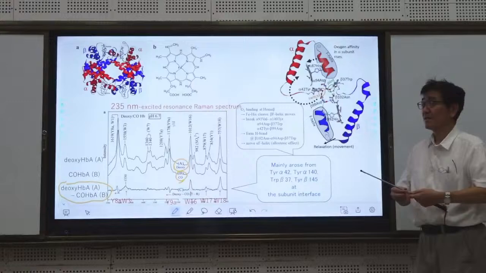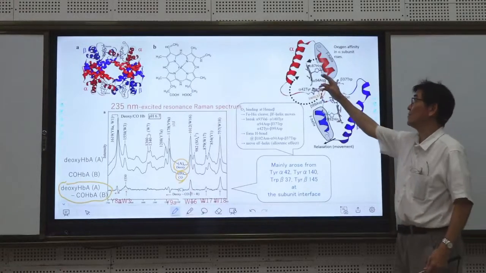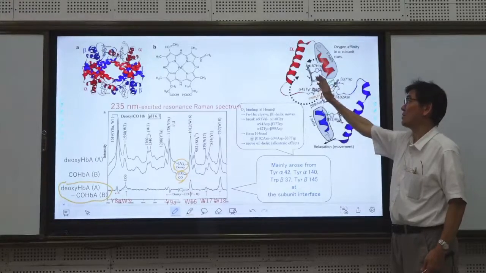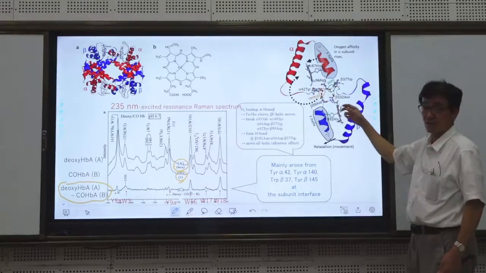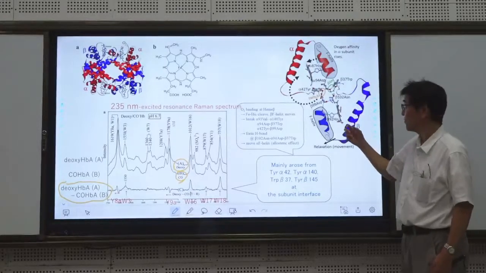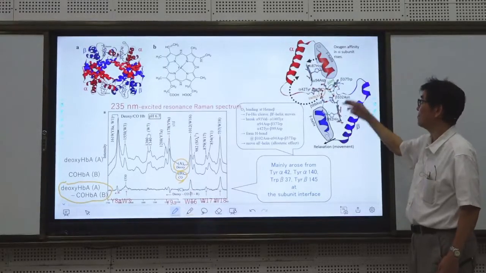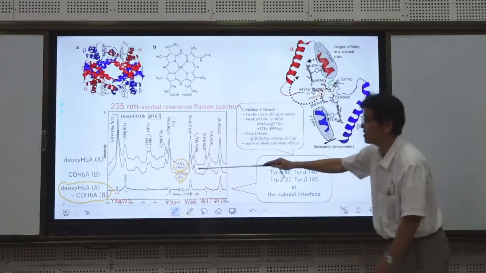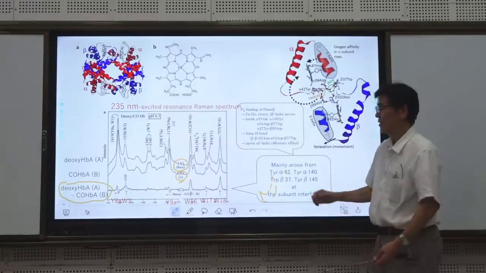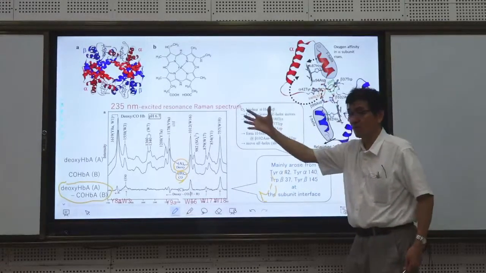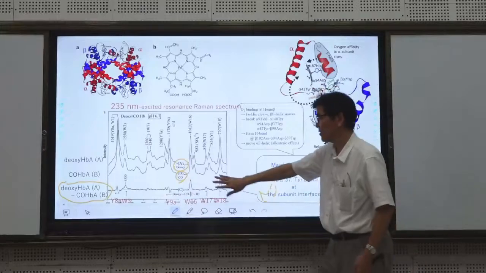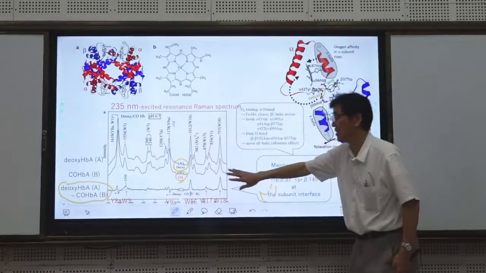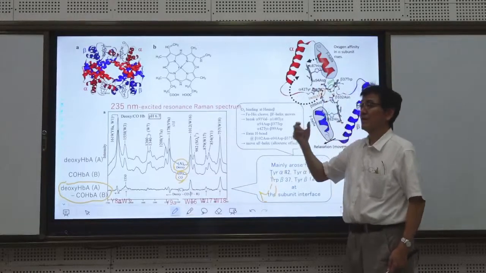In protein structure analysis, it's possible to remove an arbitrary residue by mutation technique. So we can eliminate one tryptophan and check this difference. If removal of one tryptophan does not affect this difference spectrum, then that tryptophan is not involved in this event.